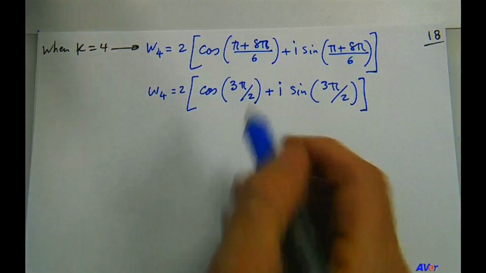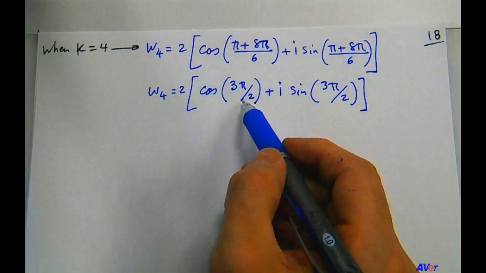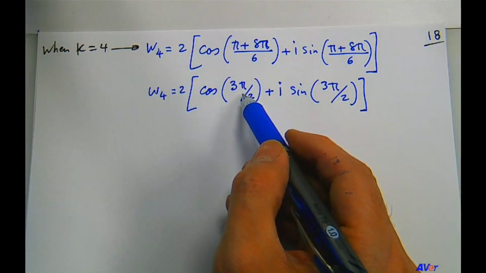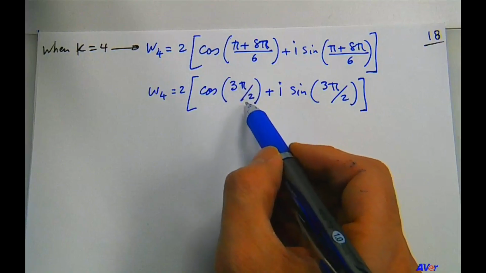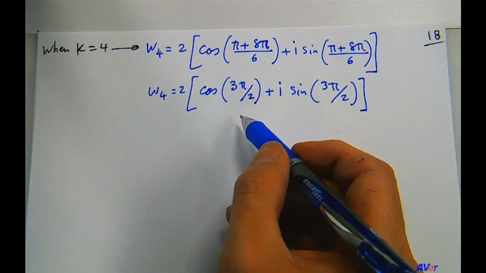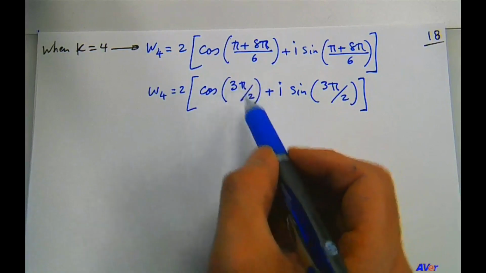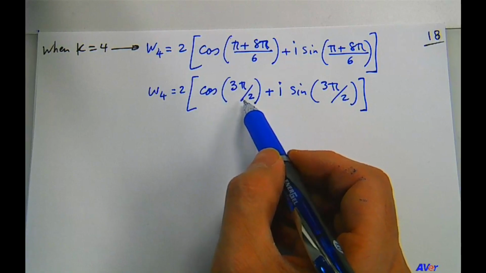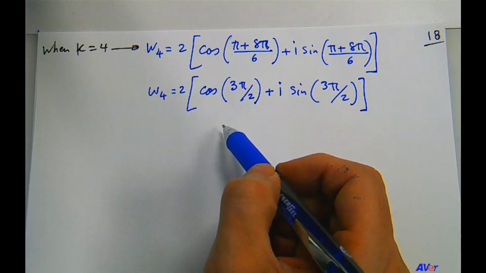Right? So 2 pi over 2 would be pi, but 3 pi over 2 is in the third quadrant. And what is the reference angle here? It's pi over 2 in the third quadrant.